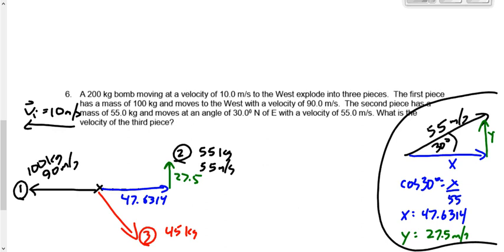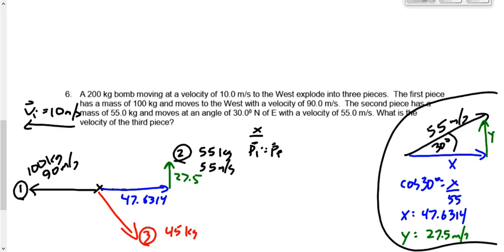Kellen, what comes next? Yep. PI equals PF. What do I do for PI here? Hunter, what do I do for PI here on this guy? Moving to the west, exploding into 3 pieces. Zero initial momentum? Yeah, this diagram shows the final.